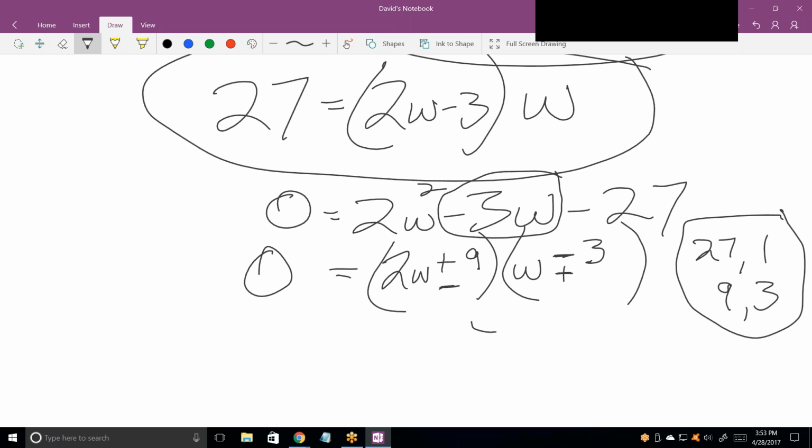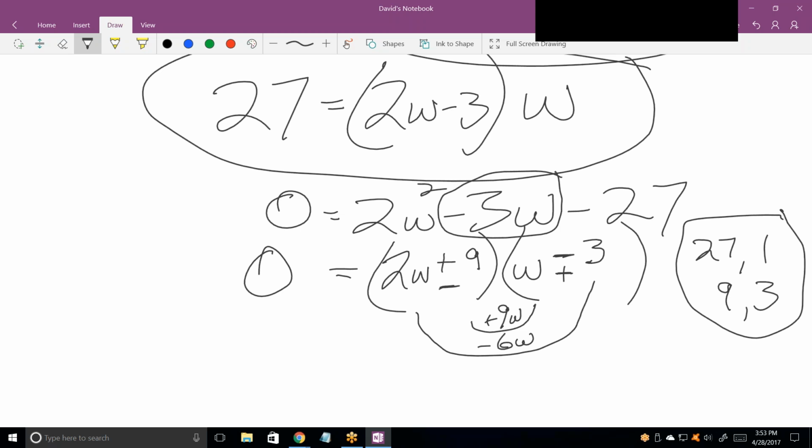Well, what do I get for a middle term if I do it that way? You'll get 9W and 9W minus 6W.